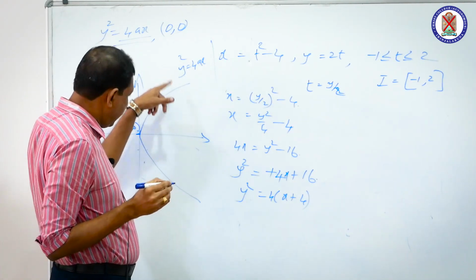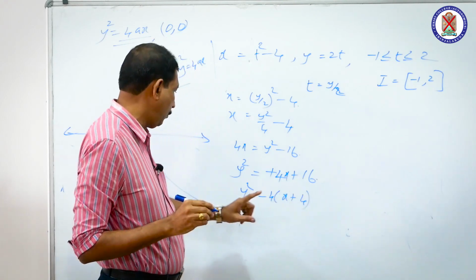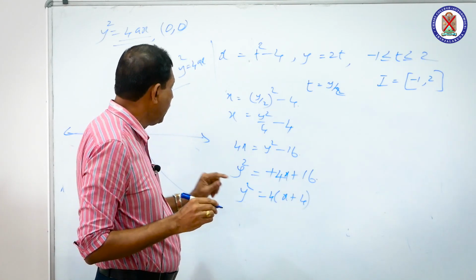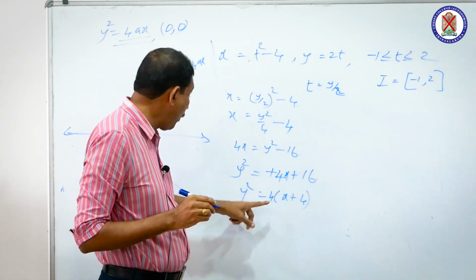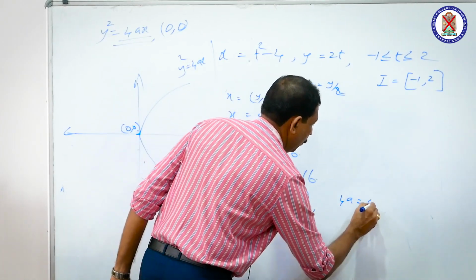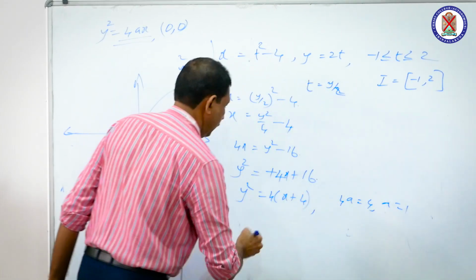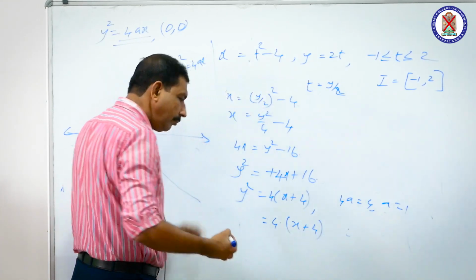In a similar fashion, we have the equation of the form y square equal to 4 into x plus 4. Only difference is, instead of x, we have x plus 4. Instead of 4a, we have 4, 4a equal to 4, therefore a equal to 1. Therefore, this can be written as 4 into 1 into x plus 4.